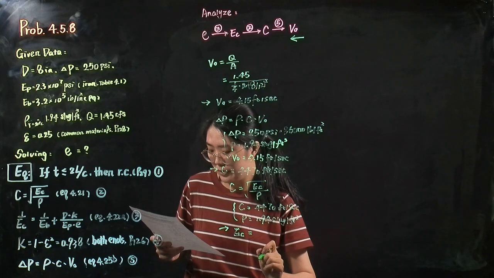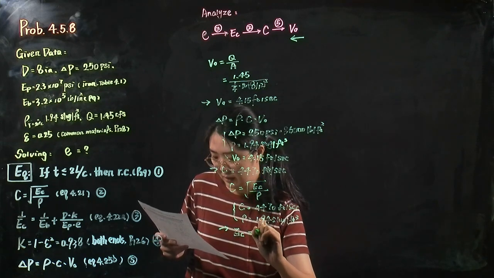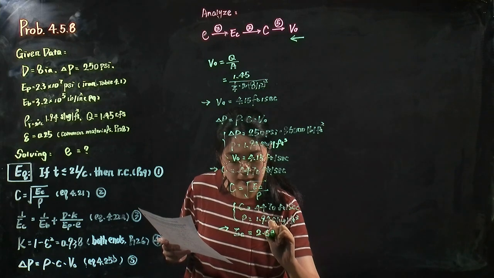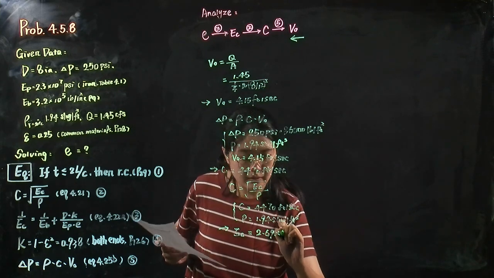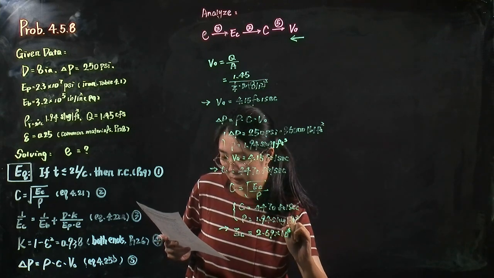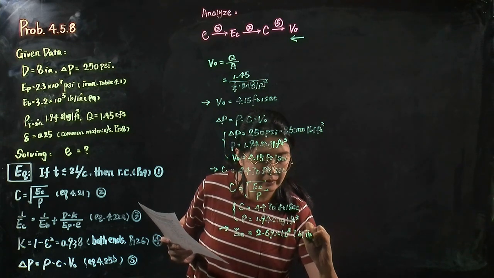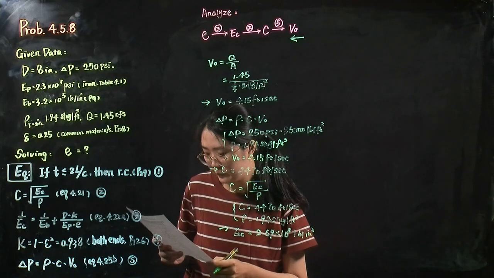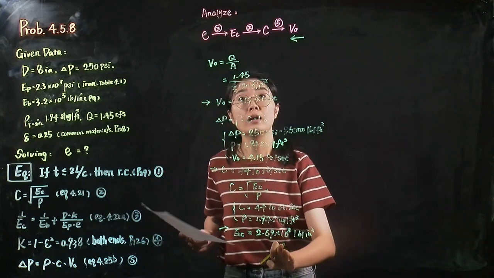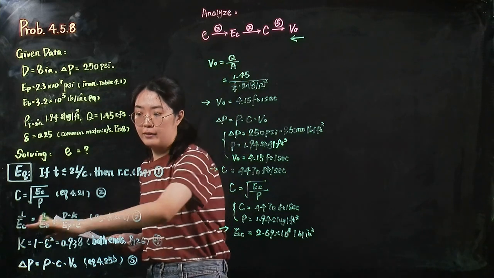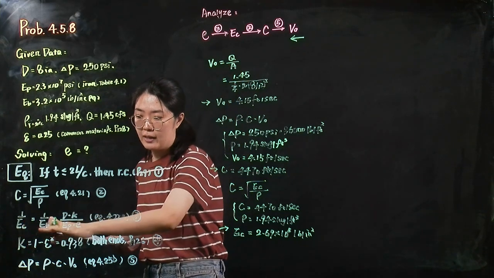It equals 2.69 times 10 to the power of 5 pounds per square inch. And then we have the composite elasticity.